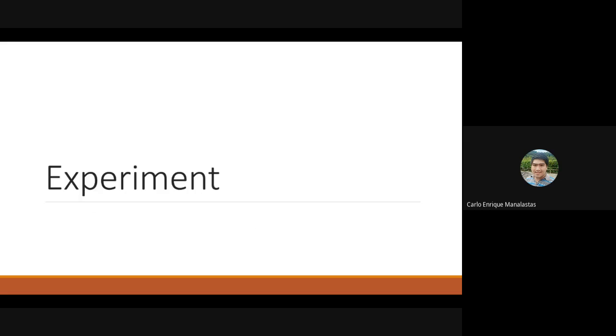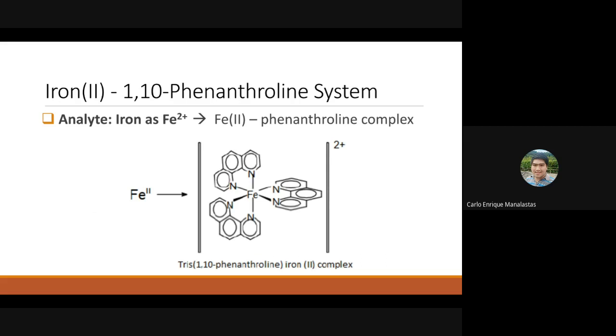So let's take a look at the experiment. In this experiment, you will be dealing with the iron(II)-1,10-phenanthroline system. Your analyte here would be the iron present in your sample, in the form of iron(II), Fe2+, the divalent form of iron.